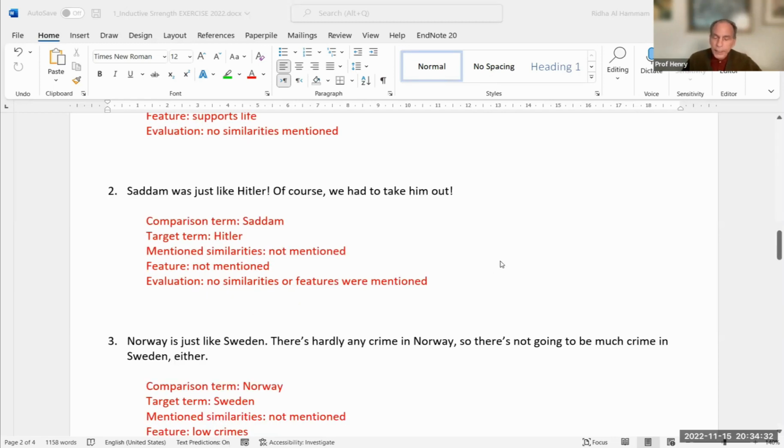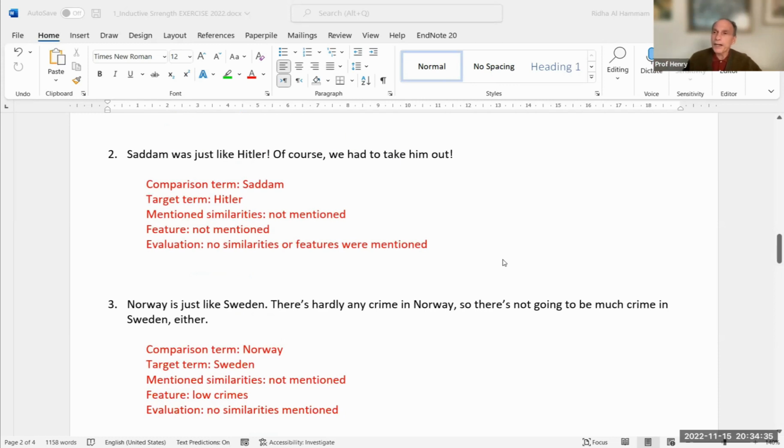Saddam was doing that as well, but not to the same extent. Or someone could argue, hey, listen, he tried to take over Kuwait and he was killing his own population. But one could say it was his own population. All right, so it depends on what the feature is.